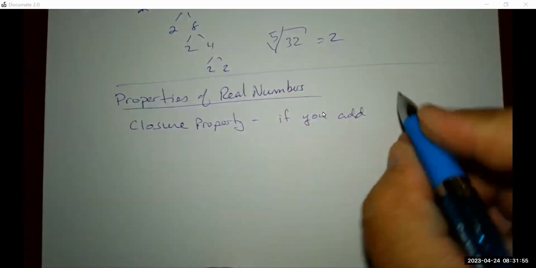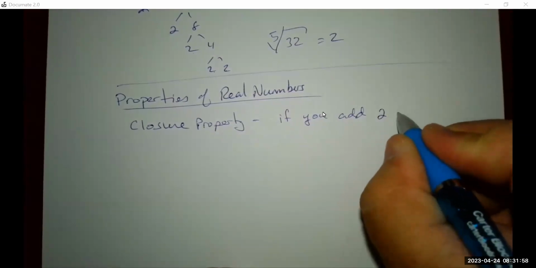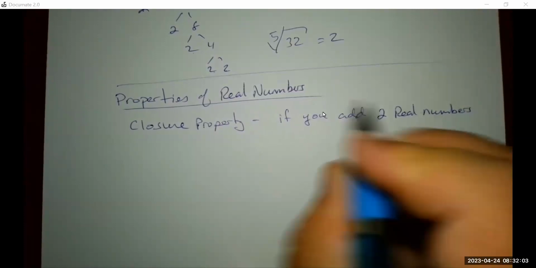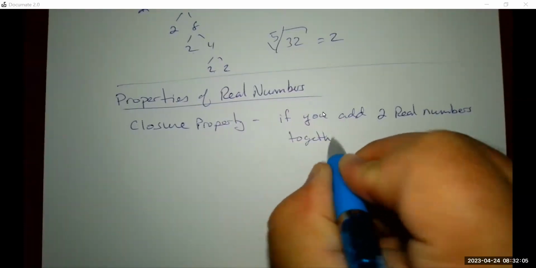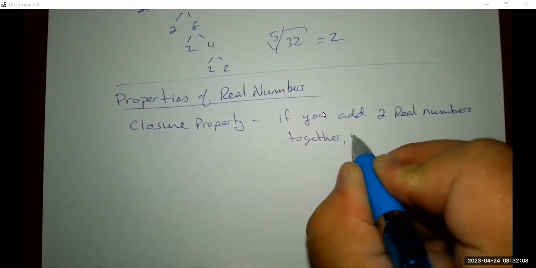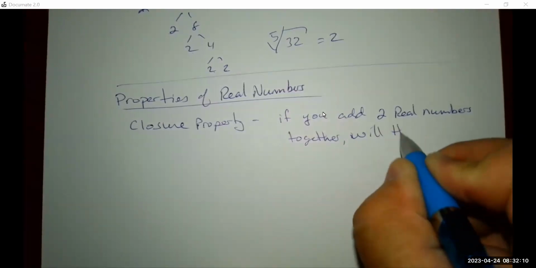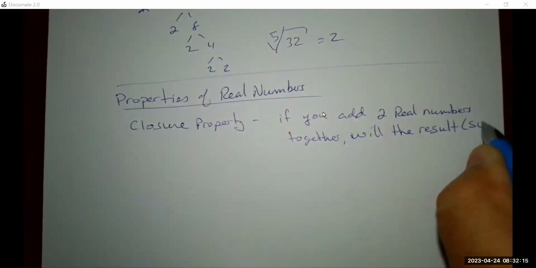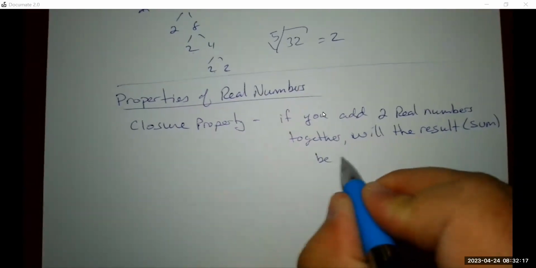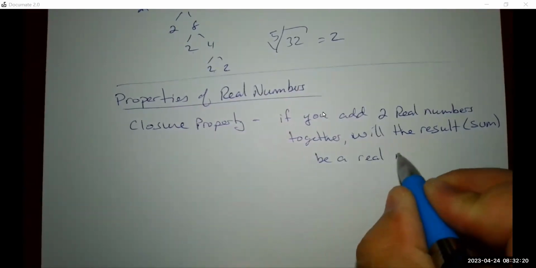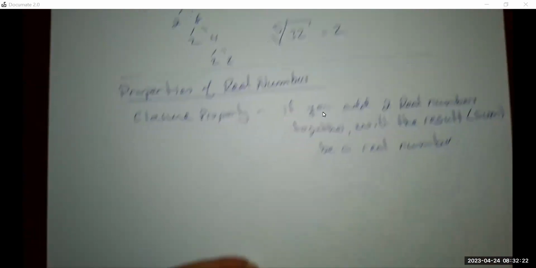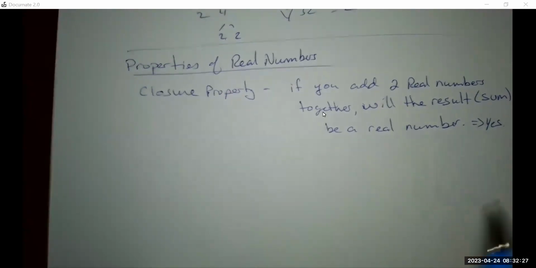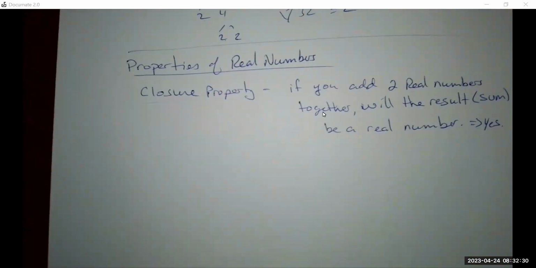If you add two real numbers together, will the result, or the sum, since you're adding them, be a real number? The answer, yes. So real numbers are closed.